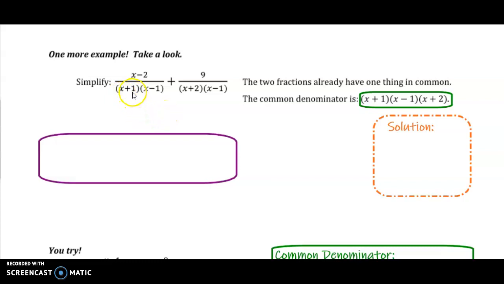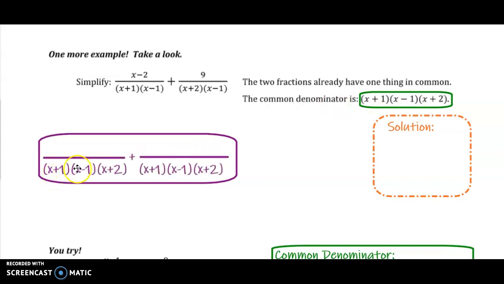So I need an x plus 1, an x minus 1, and an x plus 2. I do not need to put x minus 1 again. Because they already have x minus 1 in common, I only need x minus 1 one time in my common denominator. So that means my new common denominator is x plus 1 times x minus 1 times x plus 2. So I write that at the bottom of each fraction.